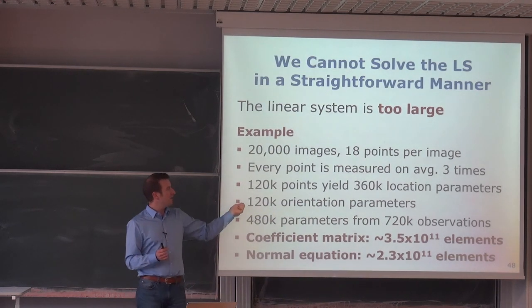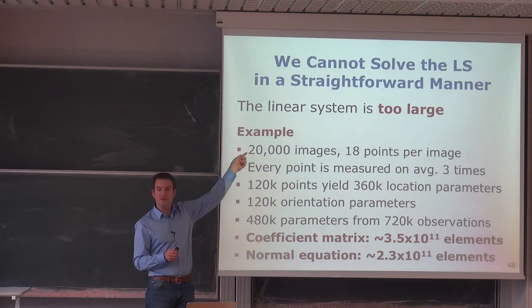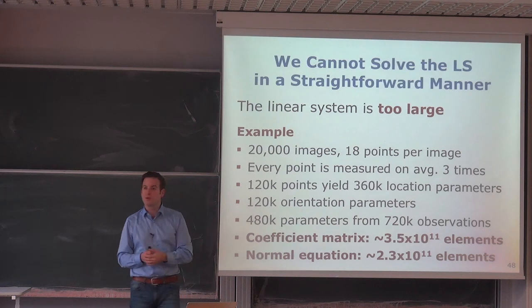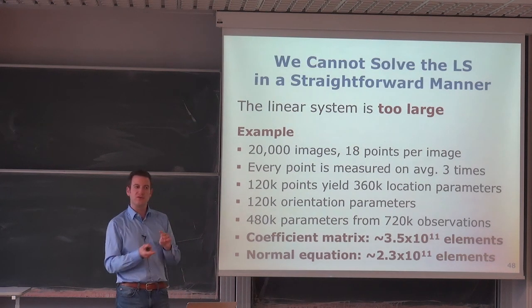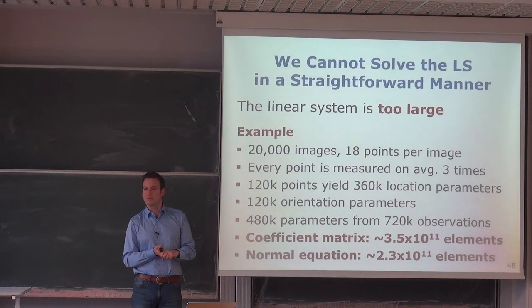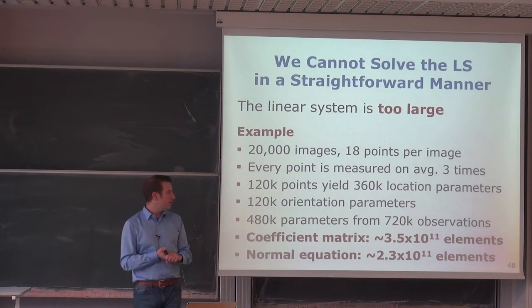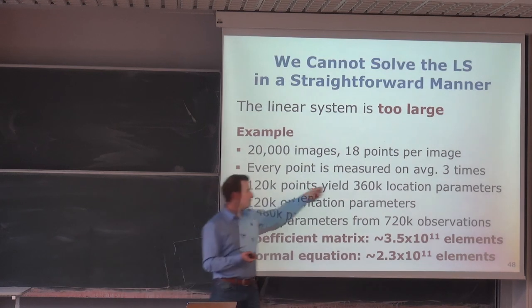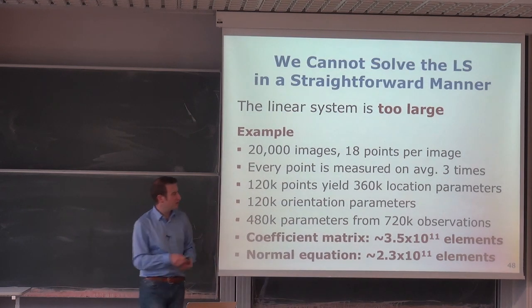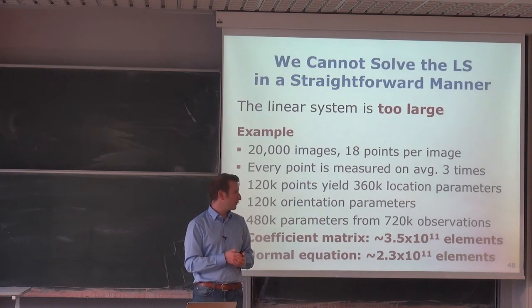As we have 20,000 images, and assuming a calibrated system, we have 120,000 orientation parameters, which is the x, y, and z position and the 3 rotational components for every camera. In sum, we have 480,000 unknowns and around 720,000 observations.